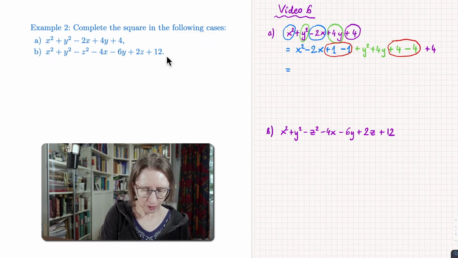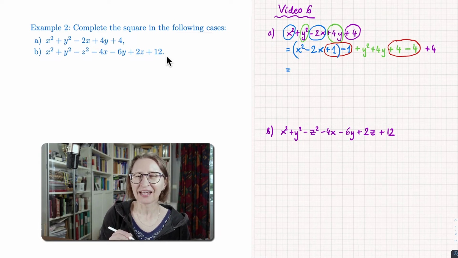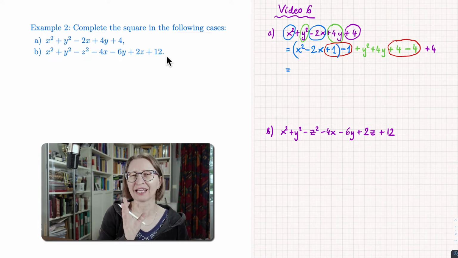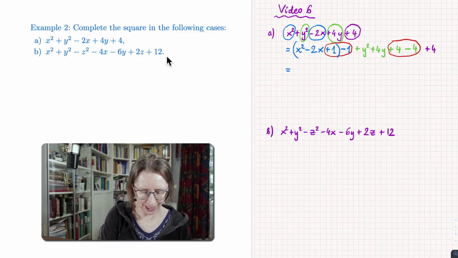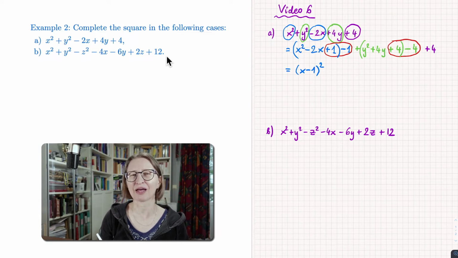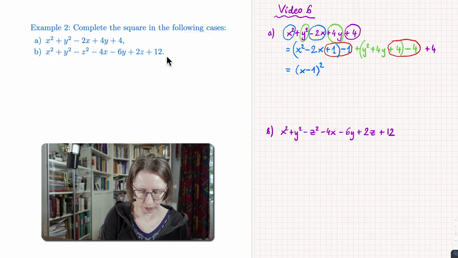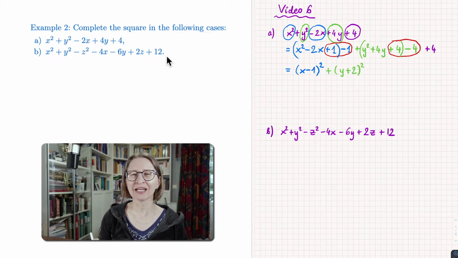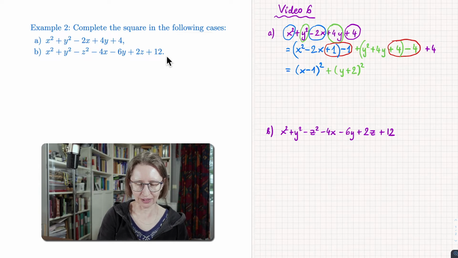and now I simply write everything what I have here in this first parenthesis as a complete square. It is x minus 1 all squared. Then I proceed to the y variable. Here, everything in this parenthesis is also a perfect square. So I add y plus 2 all squared, and now I have to gather my constants.